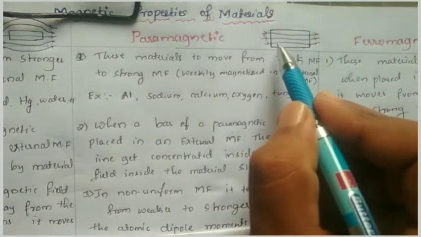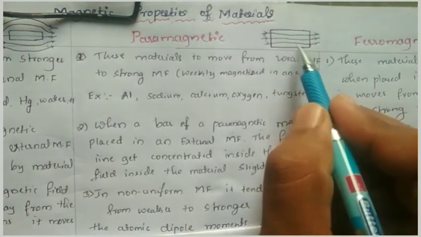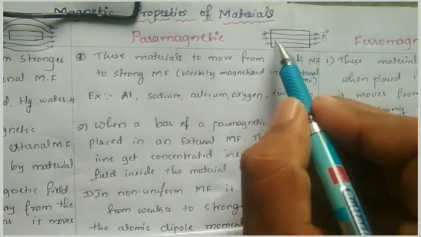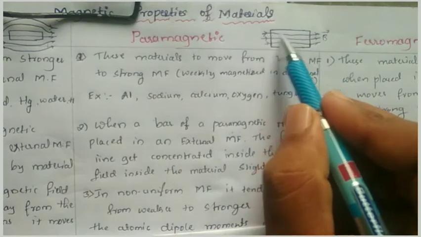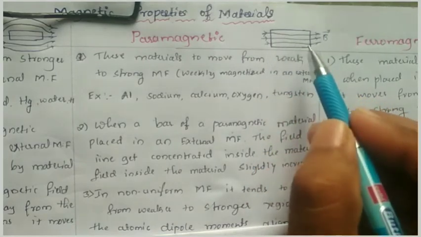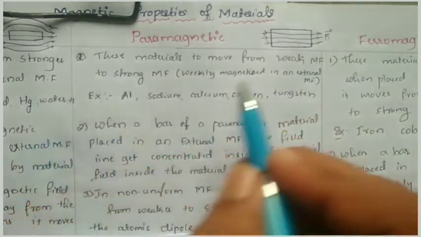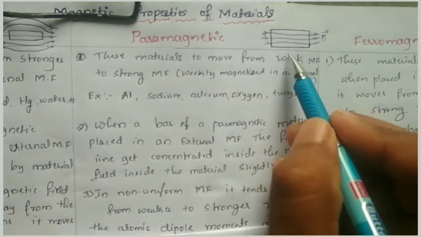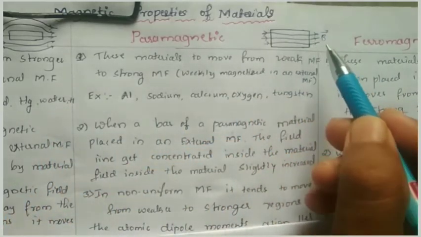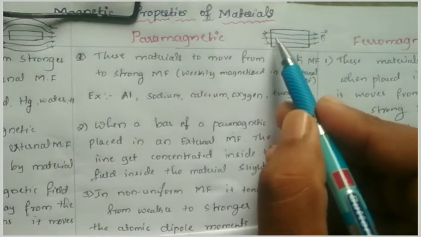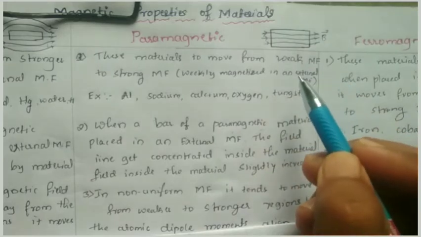When you put a paramagnetic material inside an external magnetic field, the magnetic field lines are concentrated inside the material. In the diamagnetic the materials are repelled, but in the ferromagnetic they will be concentrated inside the material. That's why the material will be slightly magnetized.